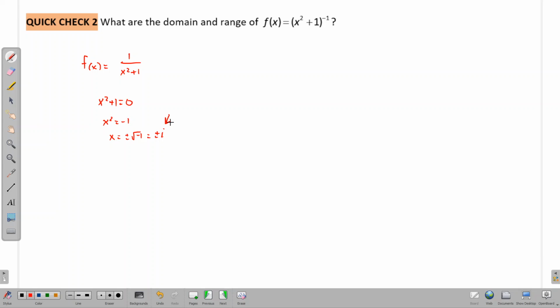For this course, we are dealing with only real numbers, so we're not allowed to use these to begin with. So there is no way to make this undefined. There's no way for us to make the denominator 0 because we're not allowing imaginary numbers. So therefore, you can plug in whatever you want. Nothing bad can ever happen, so the domain has to be all real numbers.